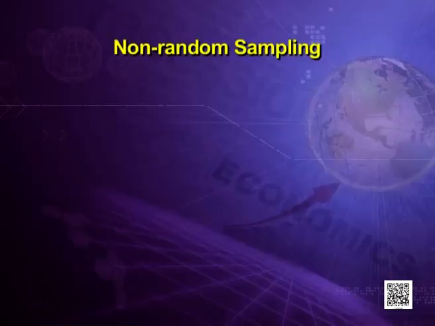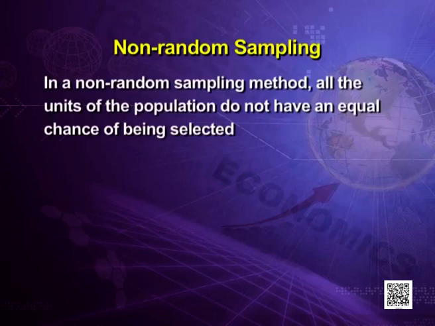Now we are going to talk about non-random sampling. In this case, you are using your judgment, so selecting 10 out of 100 this way is not random sampling because we are not selecting our sample randomly. So, what is the meaning of non-random sampling? It simply means a method in which all the units of the population do not have an equal chance of being selected.